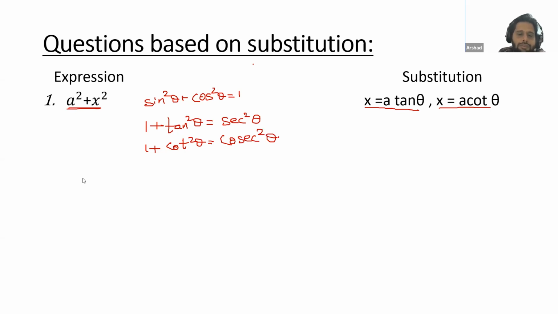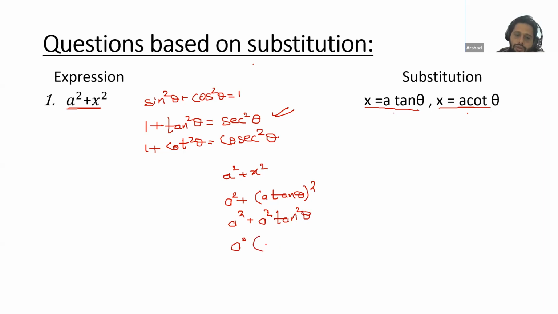Now please check here. If you have 1 plus tan square theta, then your formula is sec square theta. If you have the expression a square plus x square, then in place of x you can put x is equal to a tan theta or x is equal to a cot theta. What is the advantage of this? You will get a square plus a tan theta whole square, so a square plus a square tan square theta.